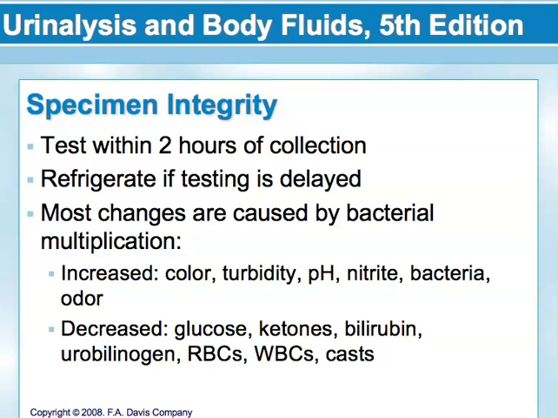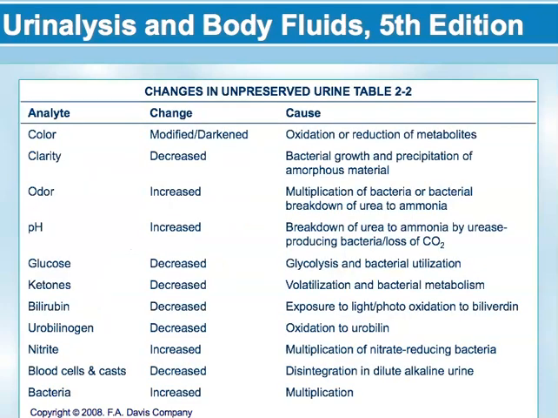Some of those changes include increased color and turbidity, so the sample will get darker and cloudier, increased pH, nitrites, bacteria, and odor, and then decreased glucose, ketones, bilirubin, urobilinogen, red cells, white cells, and casts. Okay, and then there's a picture of that chart that's in the book that goes through those changes, or the parameters that we test for or report on. What happens? Are they increased or decreased? And then why it's happening.